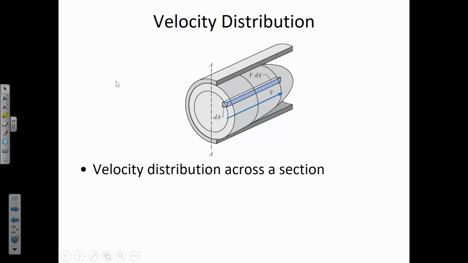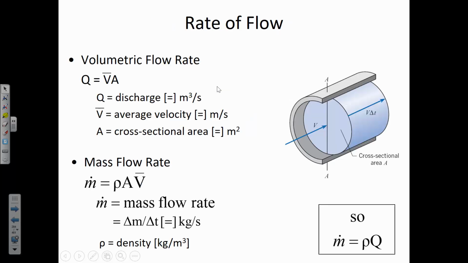Here in this next slide, it shows that in reality we have a bullet-shaped velocity distribution, because at the center of the pipe, where we're the furthest away from surfaces that are exerting shear stress due to pipe friction, the velocity is fastest at the center and slowest at the edges. In fact, going down to zero right at the edge.